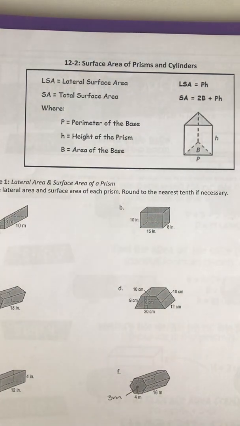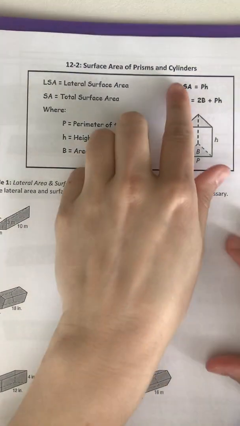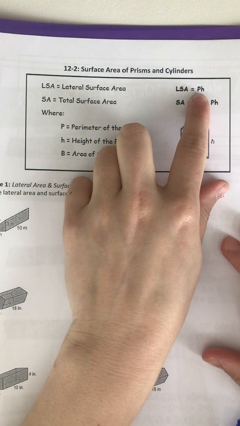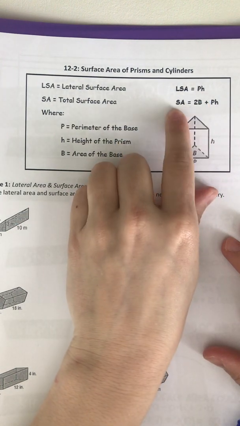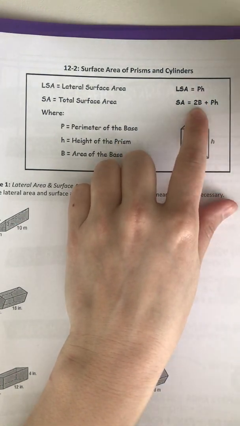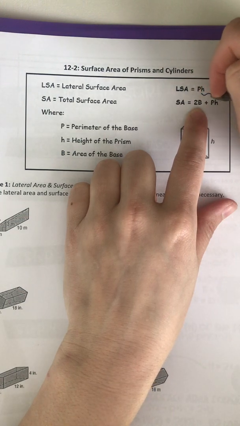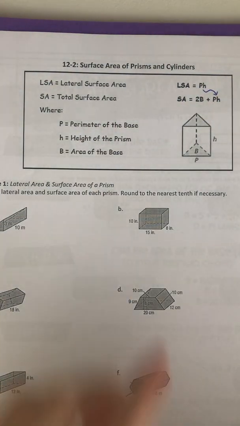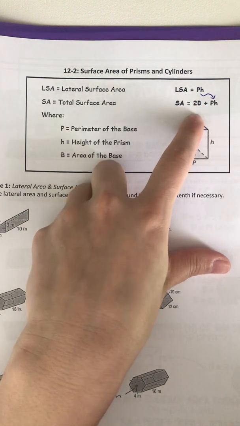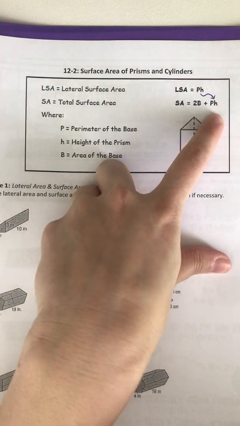This is why, when you find lateral surface area, in order to find regular surface area, I'm just going to add the area of the two bases to that lateral surface area. So once you do lateral surface area, you're half done, okay?